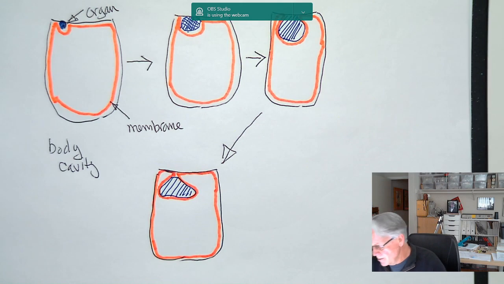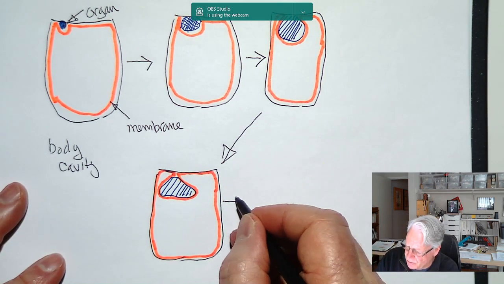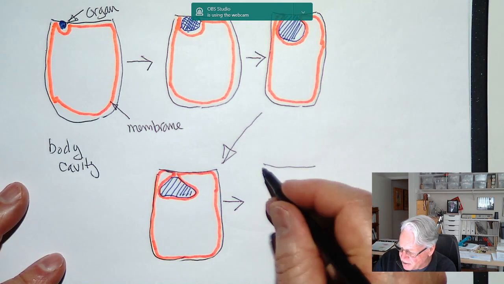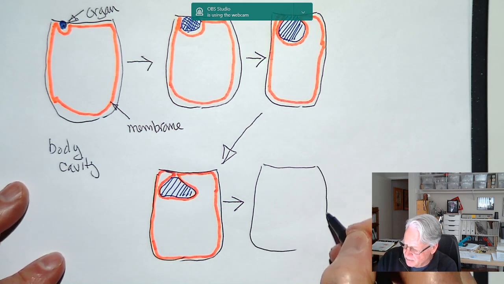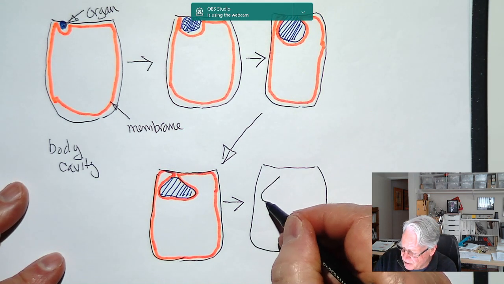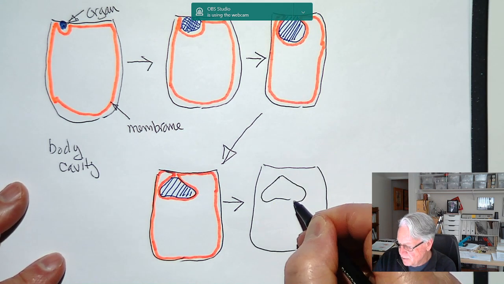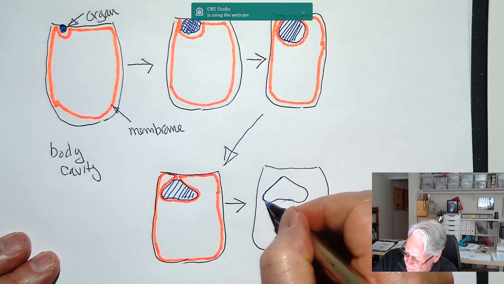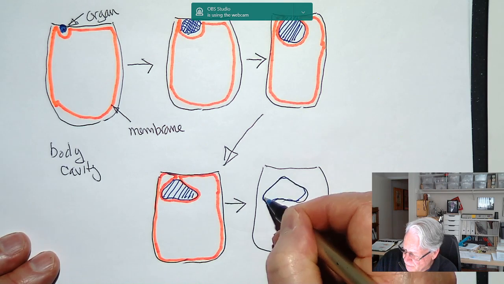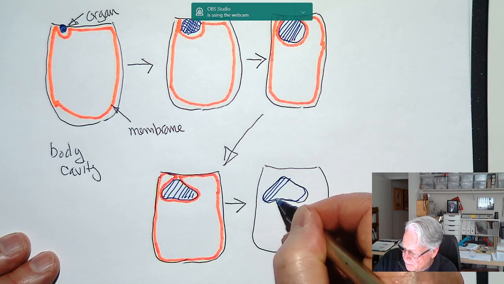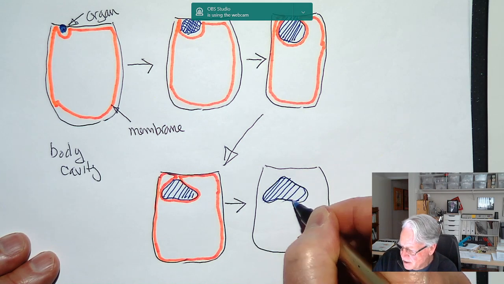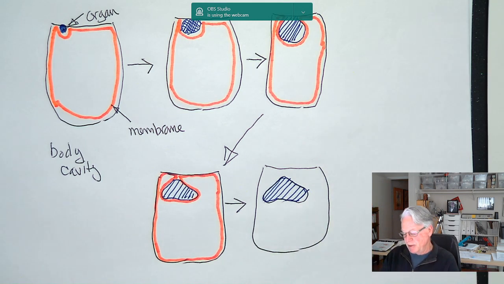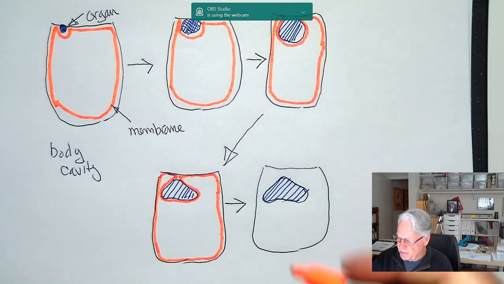And finally, we get to the completed structure, the completed organ. And here it is. Let's just imagine that this is the liver. And now I'm going to change up the colors a little bit because I want to identify separate parts of the membrane.